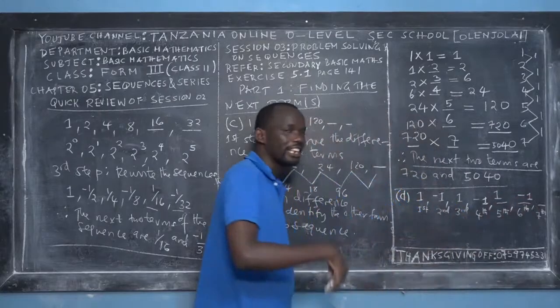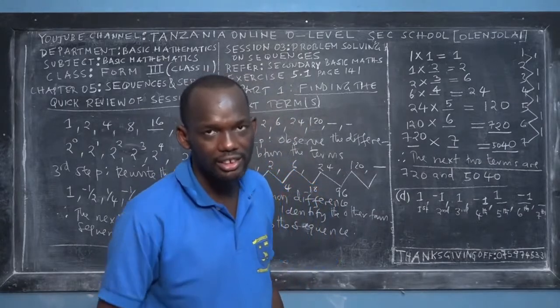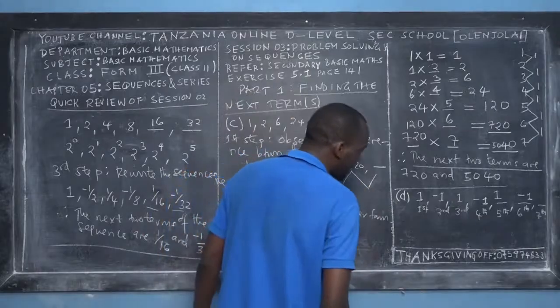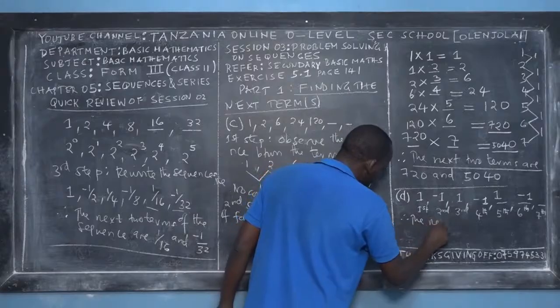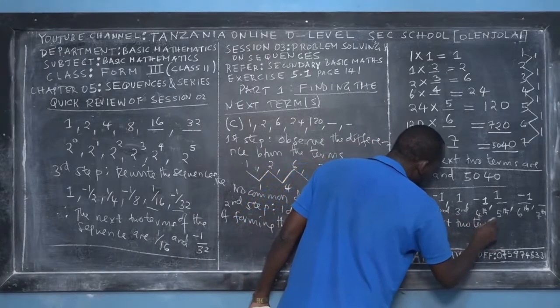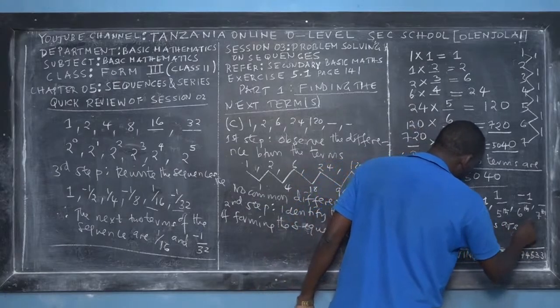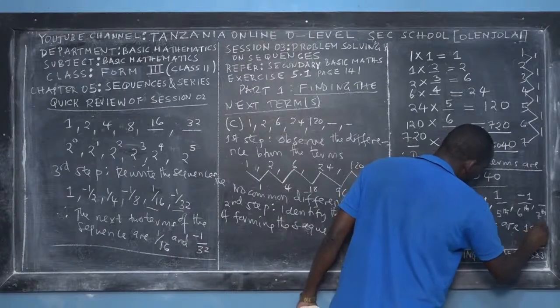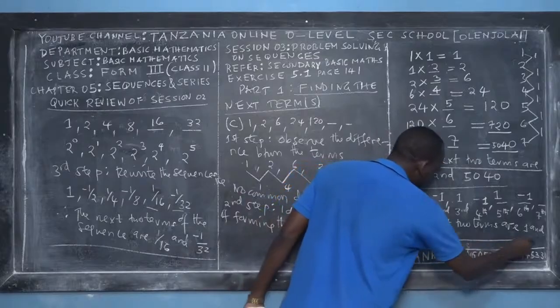So the sequence repeats as many times as we can write. Just to conclude, the next two terms are 1 and negative 1. That's the response.